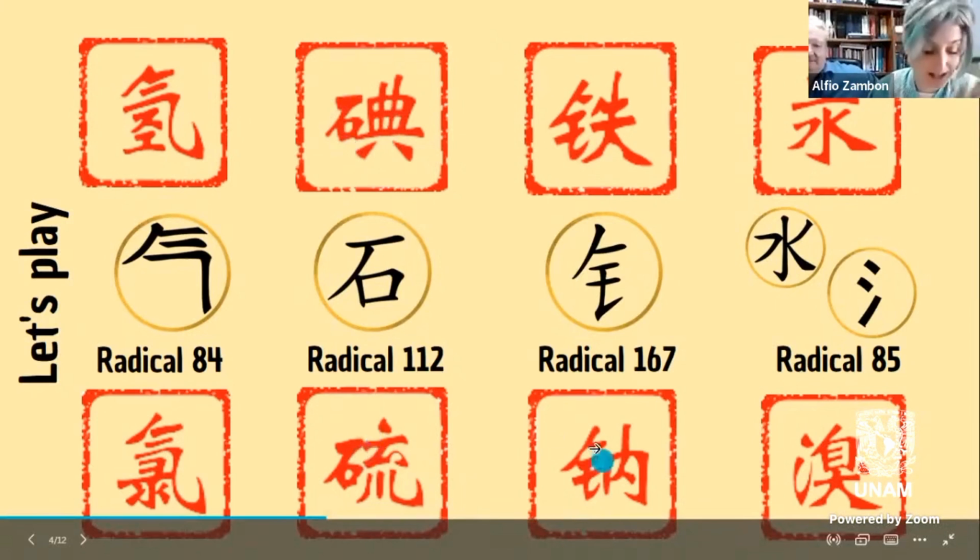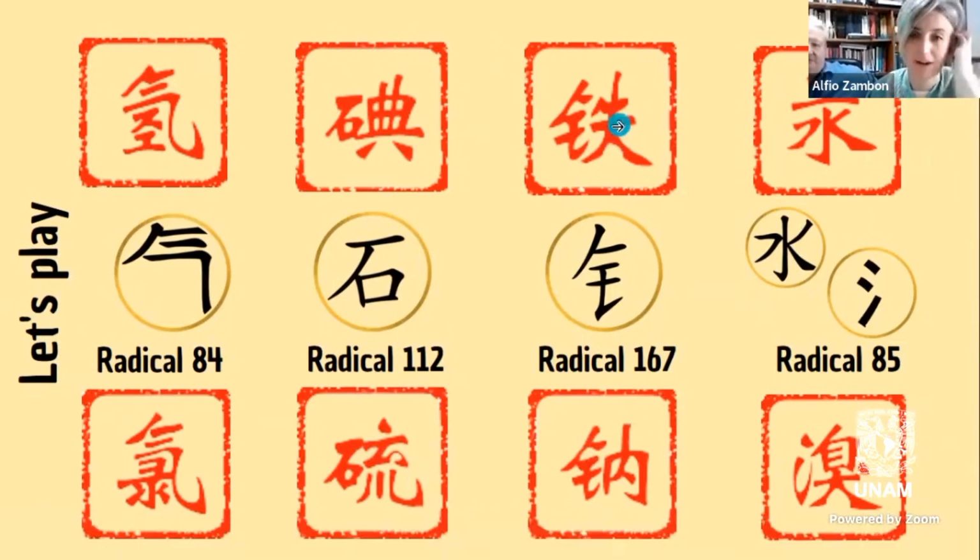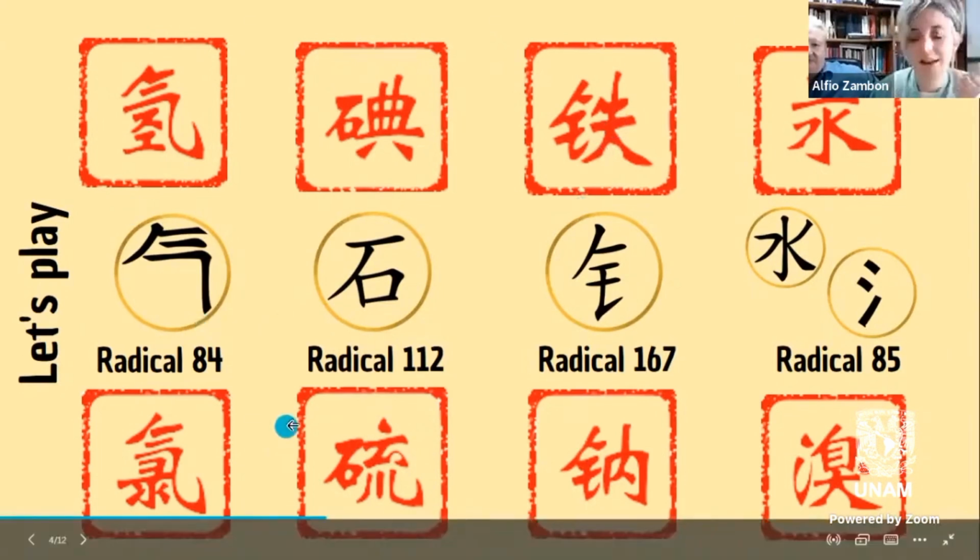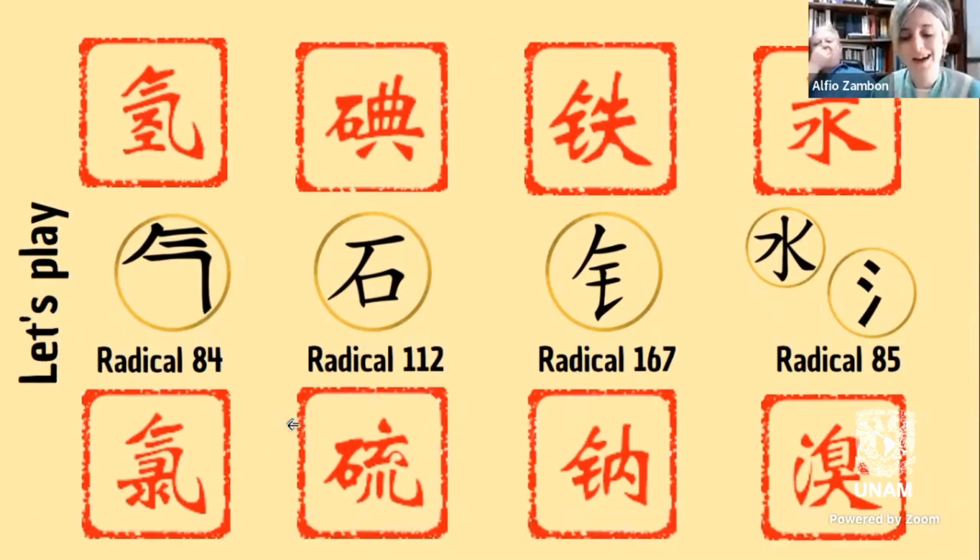This one is na, which is sodium, and this one is a very old one, which is tie, which is iron.